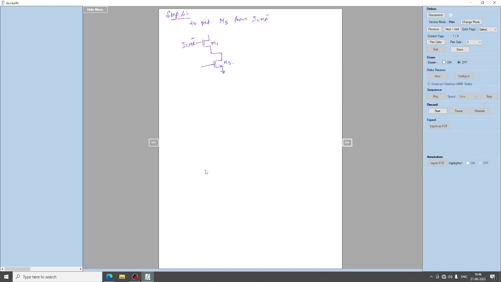In the previous discussion we found that the input for the transistor M1, to ensure the transistor M1 is in the saturation region, the gate voltage should be greater by threshold voltage compared to your drain voltage.